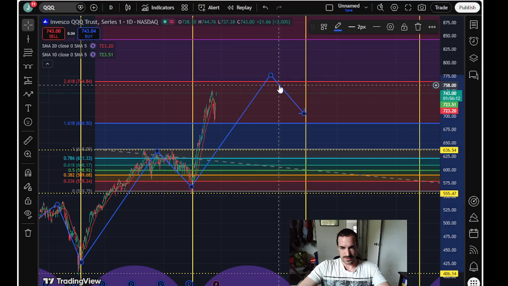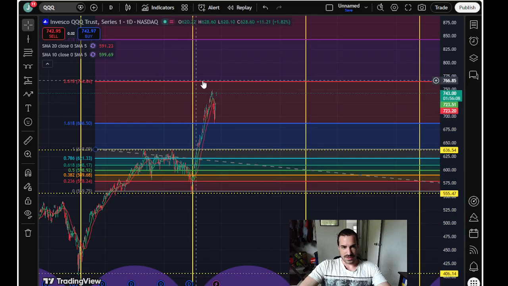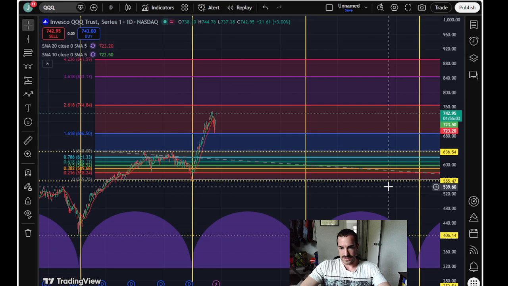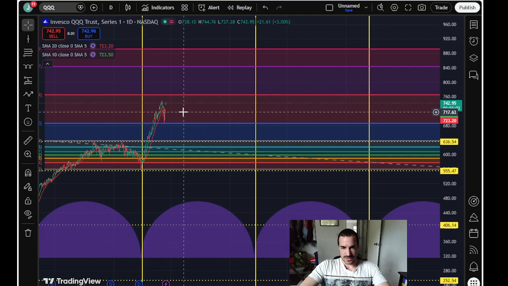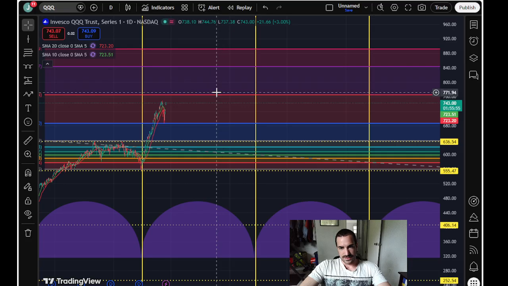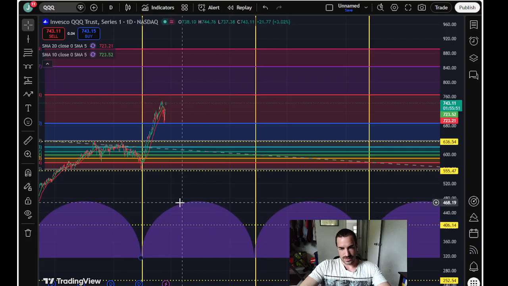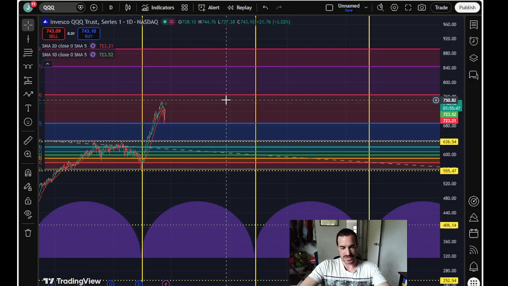So until proven otherwise, you've got to be biased long until it hits the next Fibonacci level, which is up here. It could oscillate in between this time frame, but I would expect at minimum that it touches this level sometime in the latter part of the first 2/3 of the semicircle, and then a drop into March of 27.